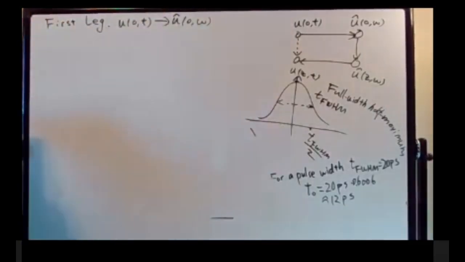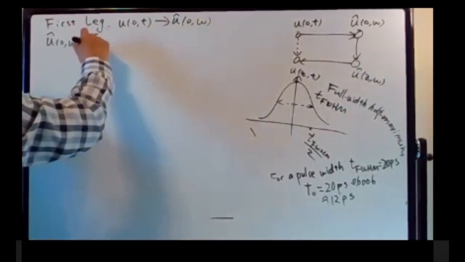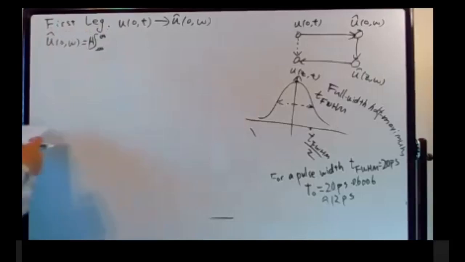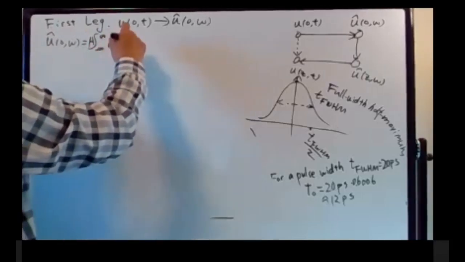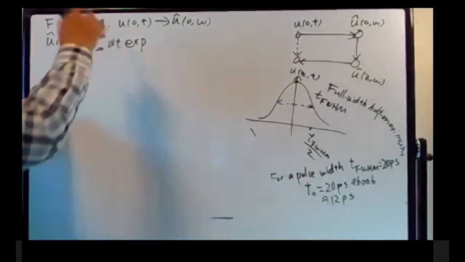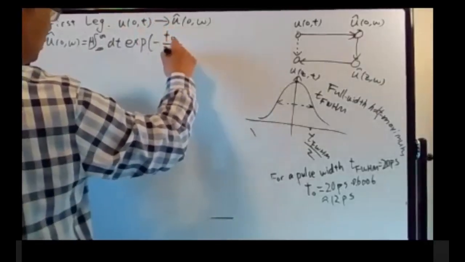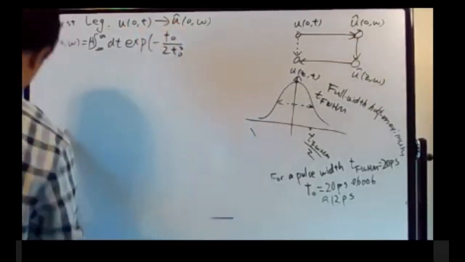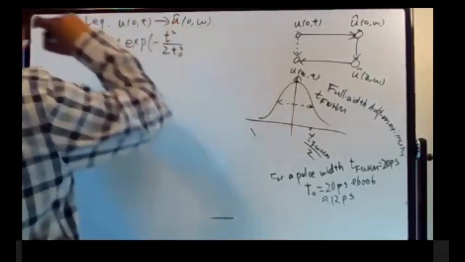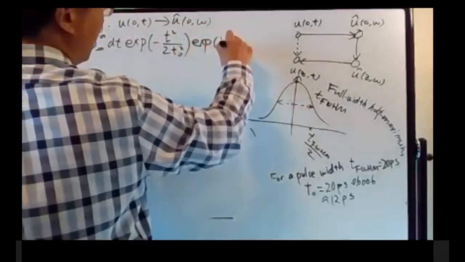The u0 hat of omega is the Fourier transform, integral from negative infinity to positive infinity, dt, exponential, it was originally u of t. What is u of t? It's the exponential of negative t squared over 2 t naught squared, and the exponential of i omega t.